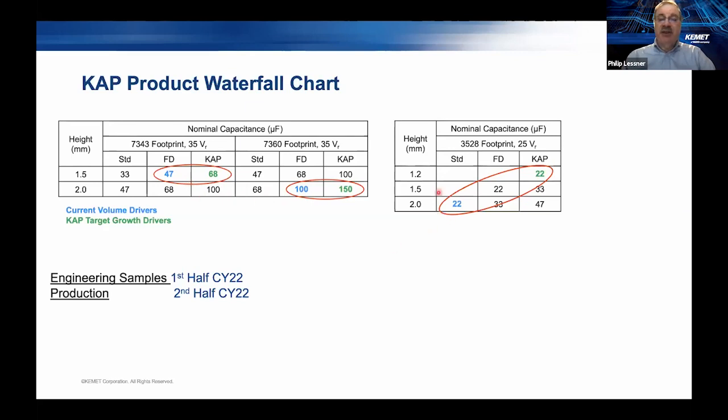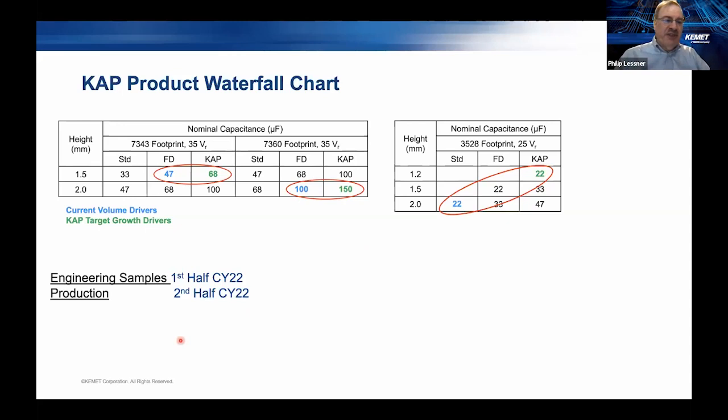And with the smaller 3528 or 1210 footprint, we're able to take a 22 microfarad 25 volt capacitor and take it from a 2 millimeter height to about a 1.2 millimeter height capacitor, therefore downsizing the height.